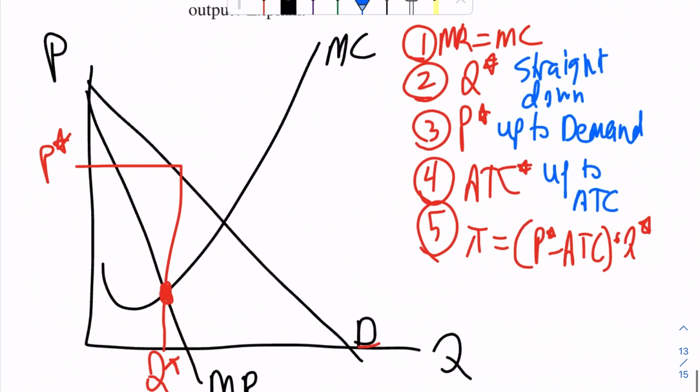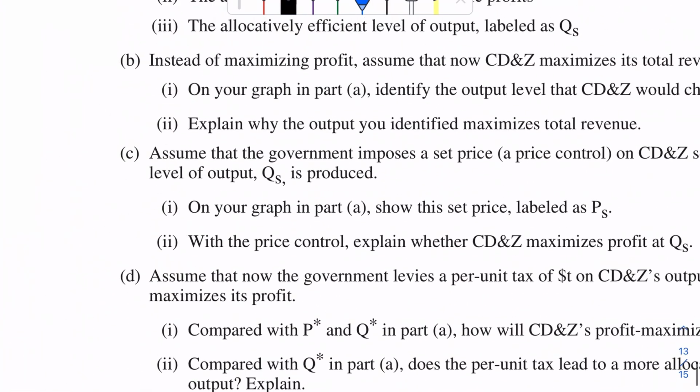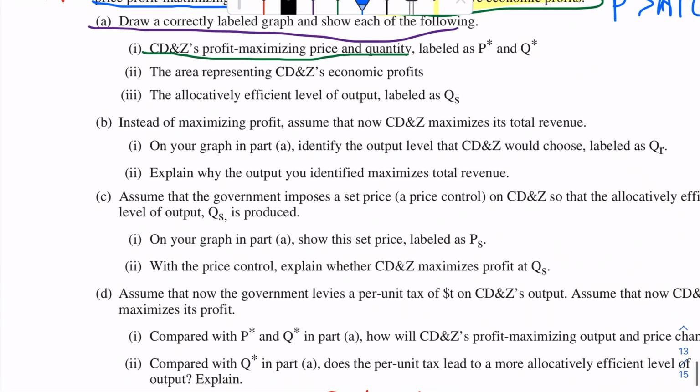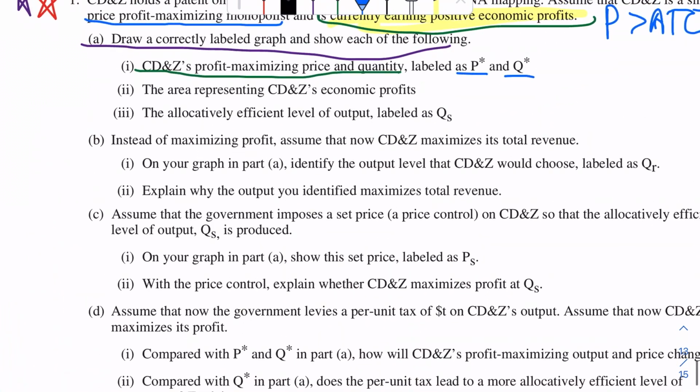Therefore, when you're drawing your ATC, you have to make sure it is below price. So this is your ATC. Now we need to label P star and Q star as our profit max. So we did P star and Q star, and we're good to go there.